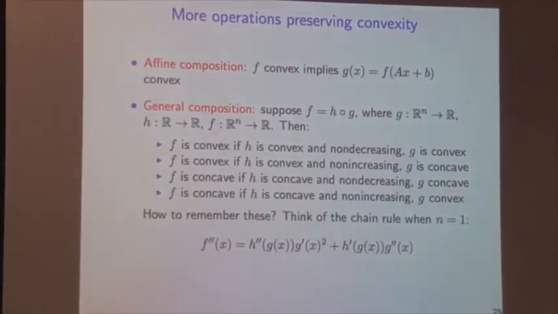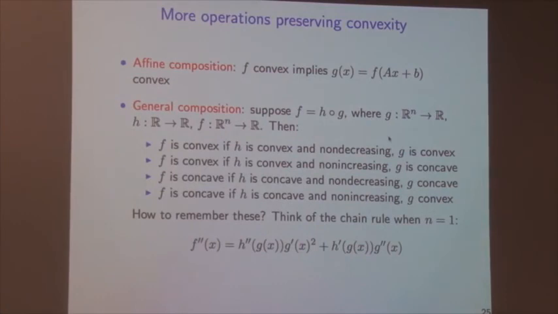Then there's a bunch of rules for when f will be convex depending on what happens with h and g. I'll read the first two to you. f is convex provided that h is convex, so this outer thing is convex, g is convex, and, this is the key property, h is non-decreasing. So it's increasing, but maybe not strictly so.